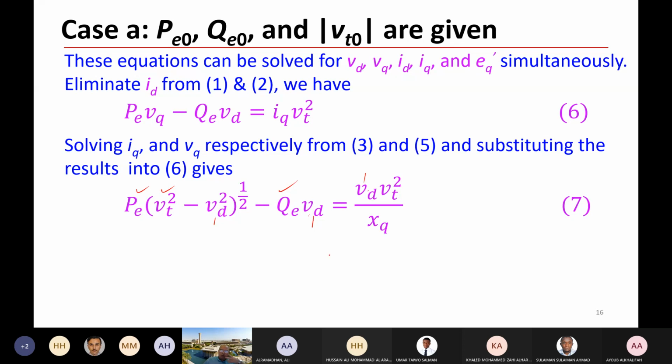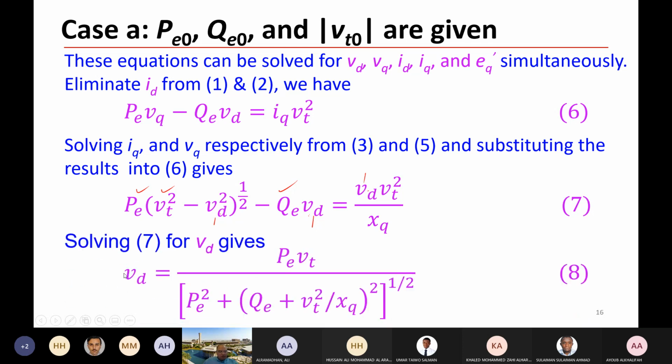So this equation can be solved now. You can solve for VD. Once you get the VD, then we can go back and solve. So VD equals the square root of an expression with PE, QE, VT square over XQ square, which are known. So in this case, you can have VD.